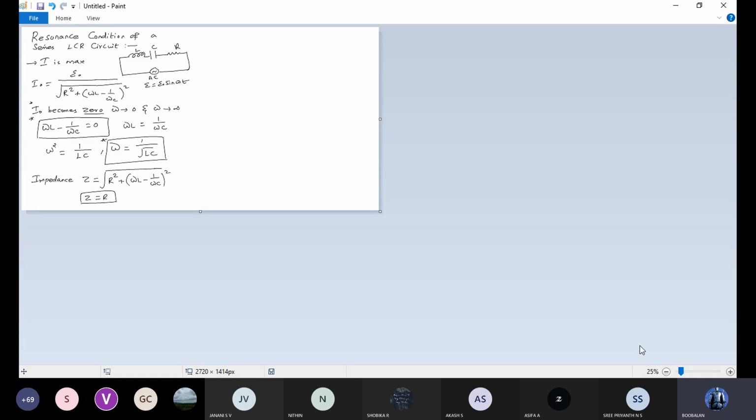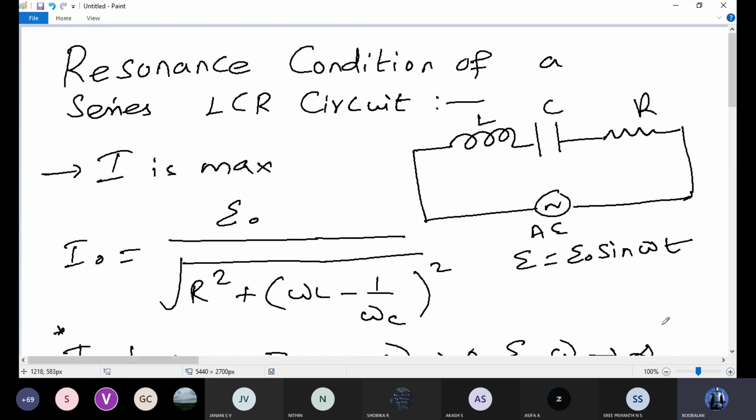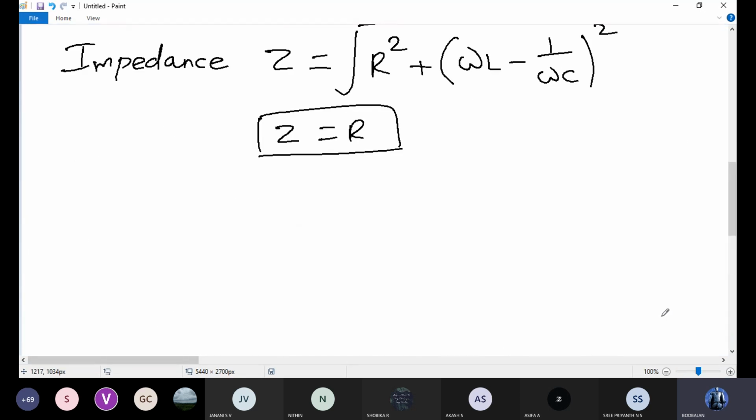Give me a reply. So in a purely resistive circuit, the current and the voltage, or EMF, both are in the same phase.